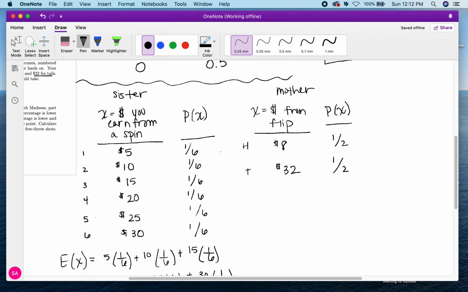So again, equal probability, but totally different outcomes. All right, let's multiply. So you can either get $8 times your half probability, or you can get $32 times the half probability. You can pop that into a calculator and then simplify. What you'll get is 20.